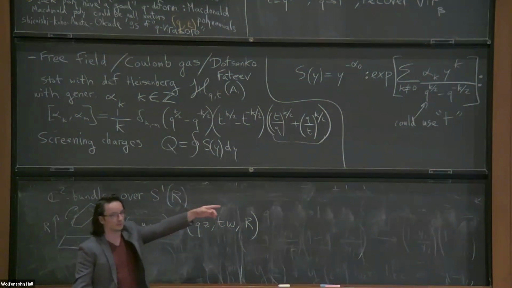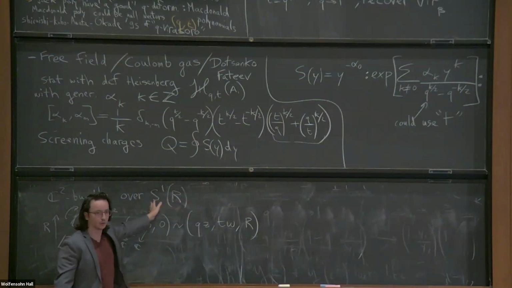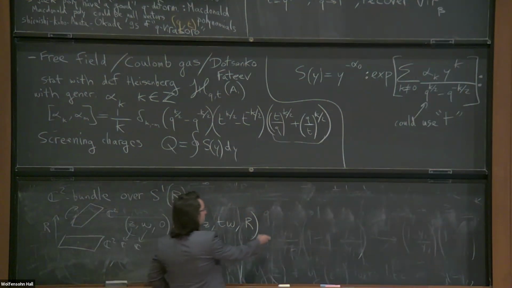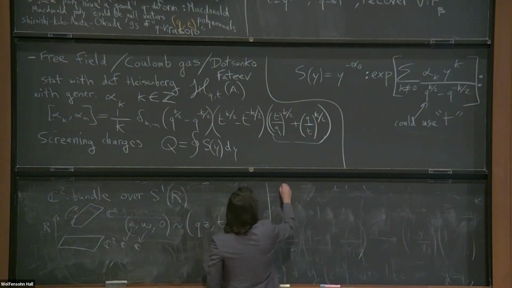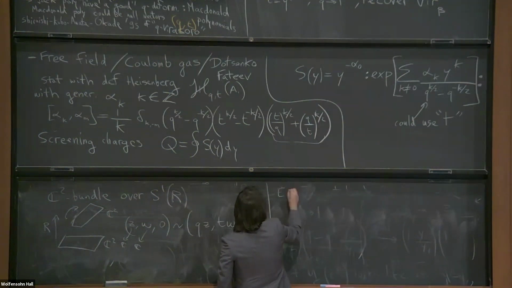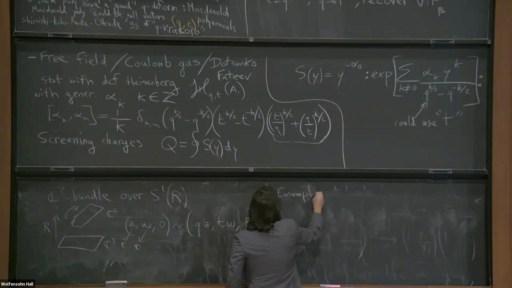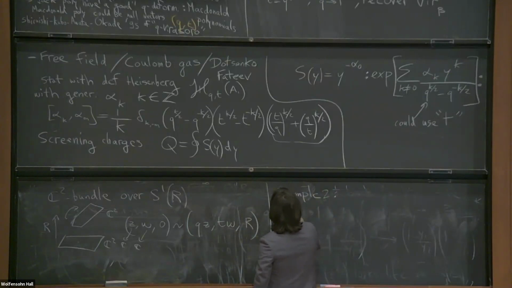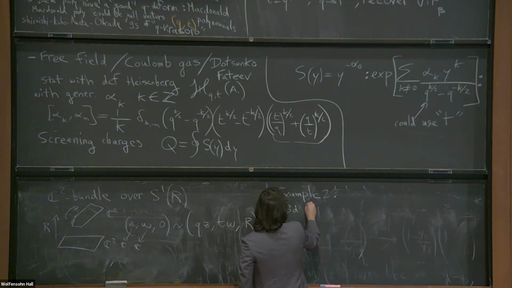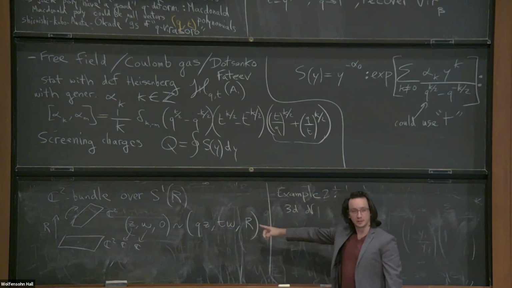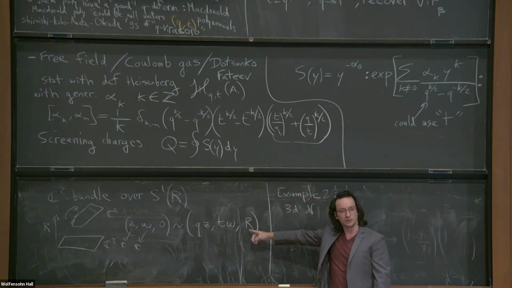Here's the example of maybe a 5-dimensional on a circle. You can also do something in 3 dimensions on a circle. So example 2. Consider 3D, maybe any. So the first ingredient that was important is that this omega background exists.